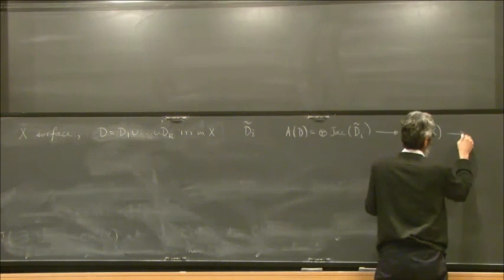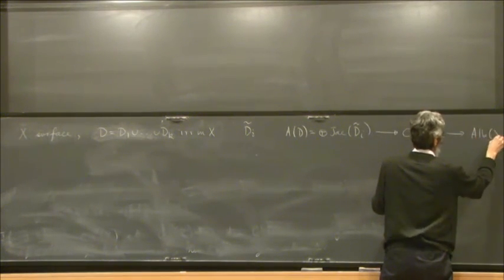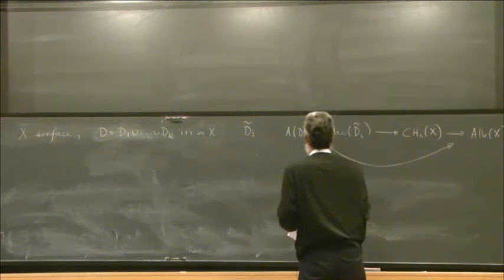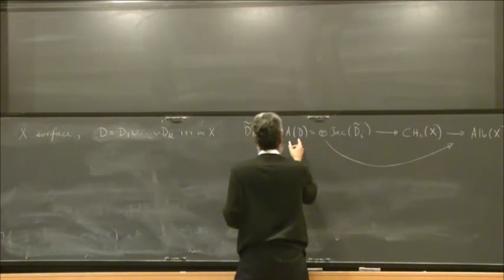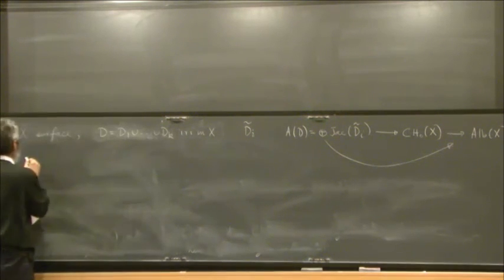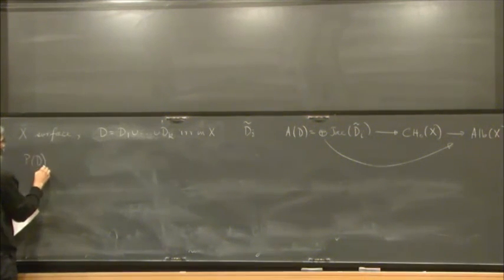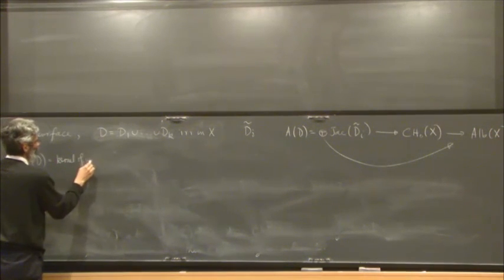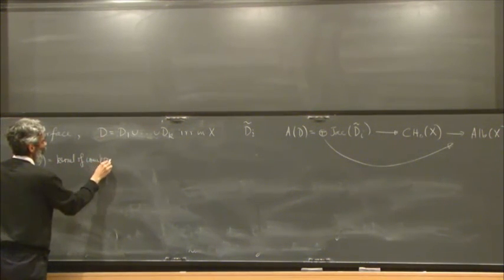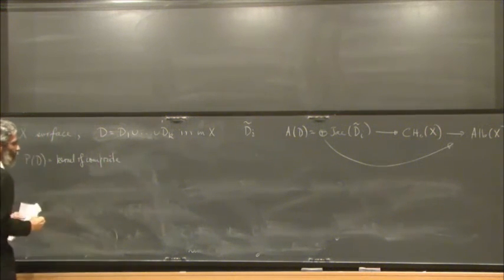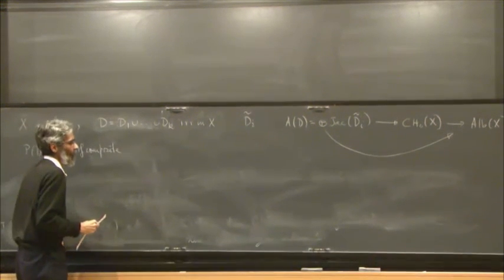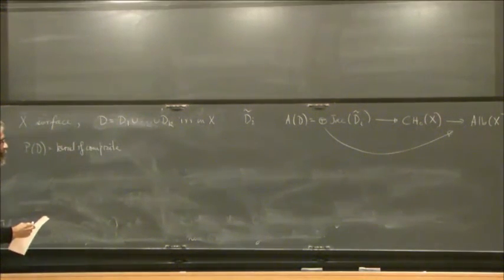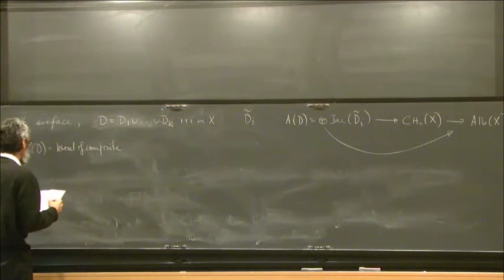There's also a map to Alb X. So I want to get, call it P_D, the kernel of the composite. So it's the stuff that goes to 0 all along. And then you'd like to detect whether it goes to 0 in Chow 0 X or not.